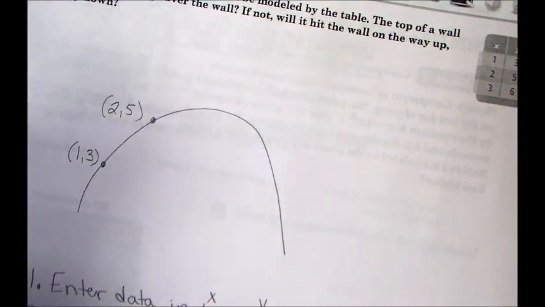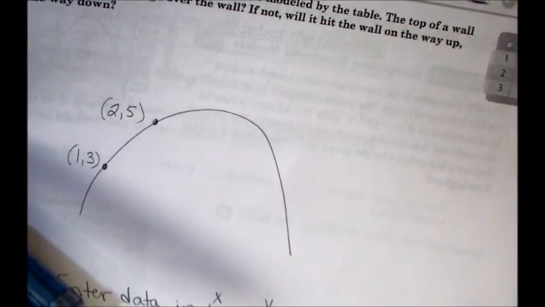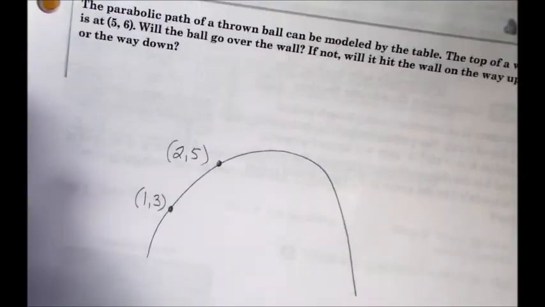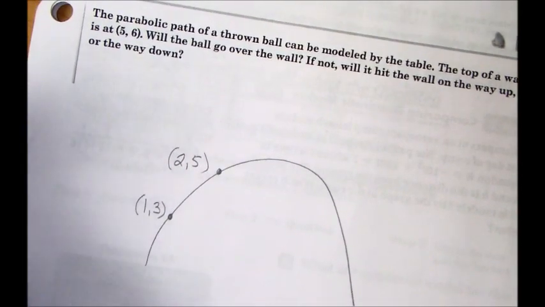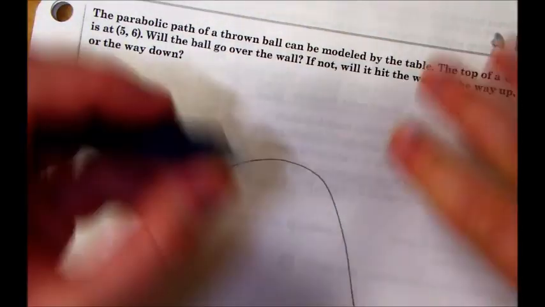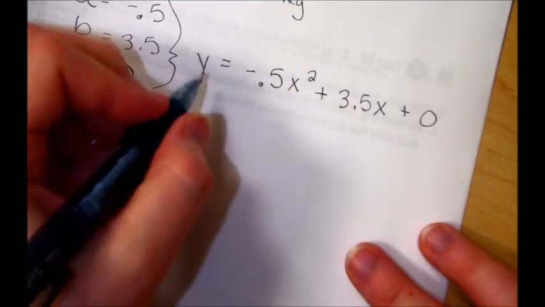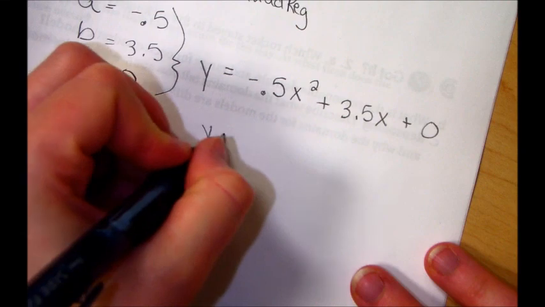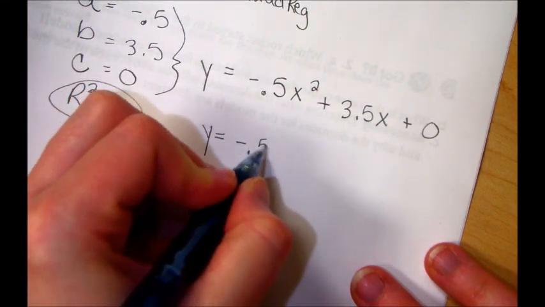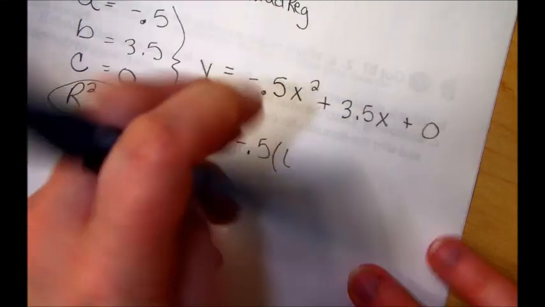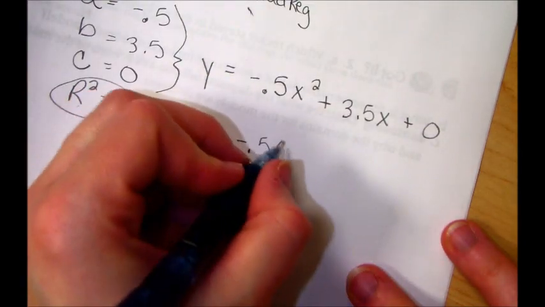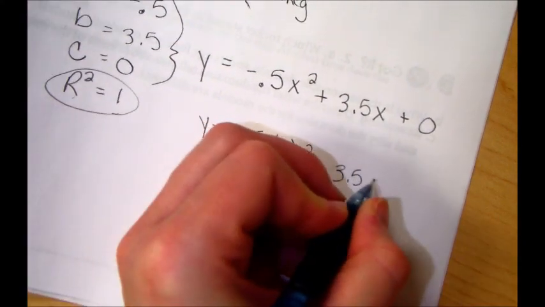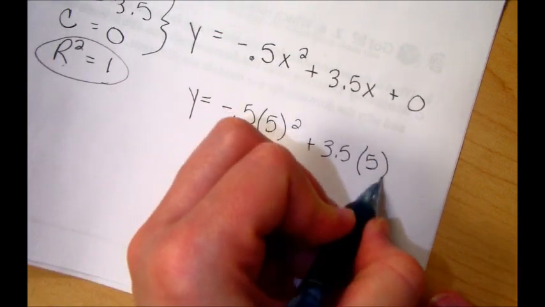Now let's check out what happens, okay? So let's plug in 5 and see if we get out 6. So the wall happens at 5. Let's plug in 5 and see what happens. So we're going to say y equals negative 0.5 times 5 squared, because we're plugging in 5, because the problem asked us about 5, plus 3.5 times 5 plus 0.